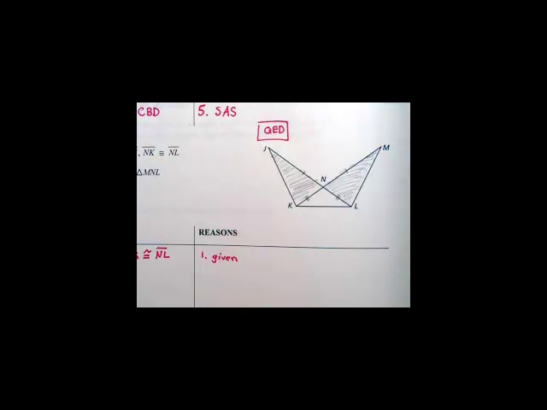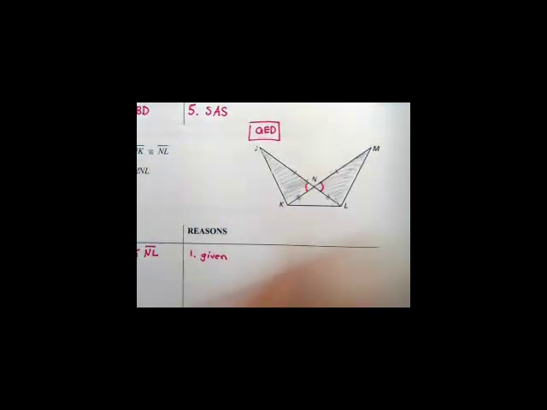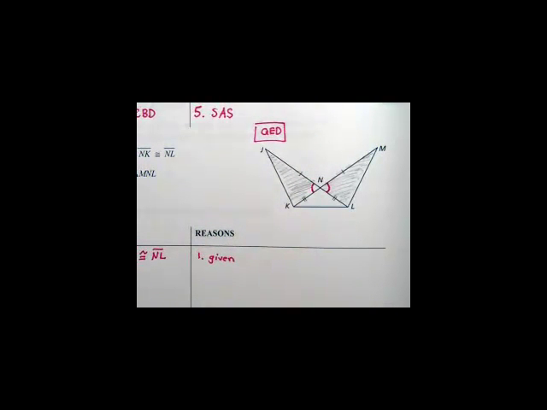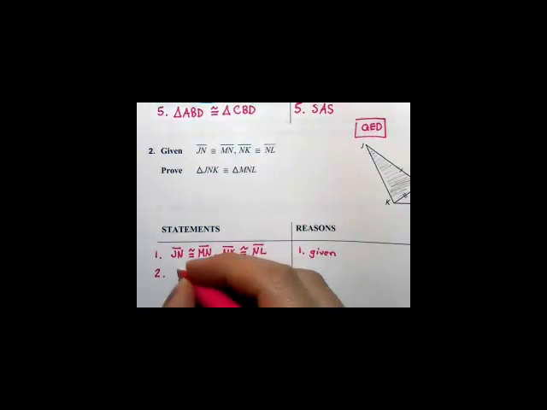What do we still need? Like, where are those angles that we should be using that are congruent? Somebody other than these two guys again. MNL and JNK. Right? Side, angle, side, side, angle, side. Those are the included angles. So, there's our step number 2, that those two angles should be congruent.